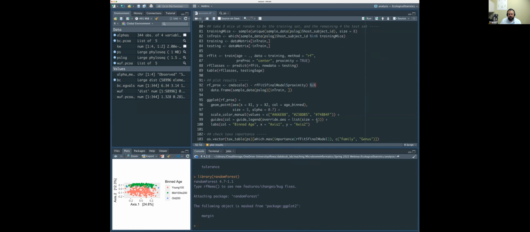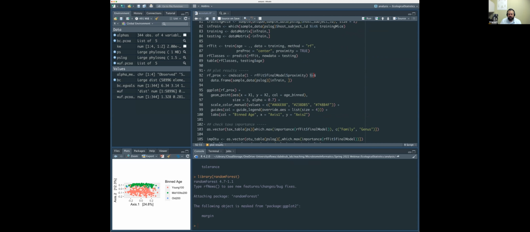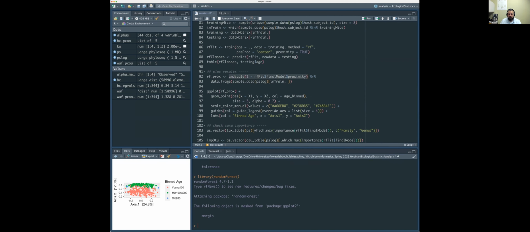So, quick R lesson. This operator here is part of the magrittr library, which is part of the tidyverse. I don't remember what the operator is called, but I think it's called the pipe operator. Basically it says take the results from the previous function call and pass it along to the next function call, such that the next function call will use the input from the previous call as the first parameter.